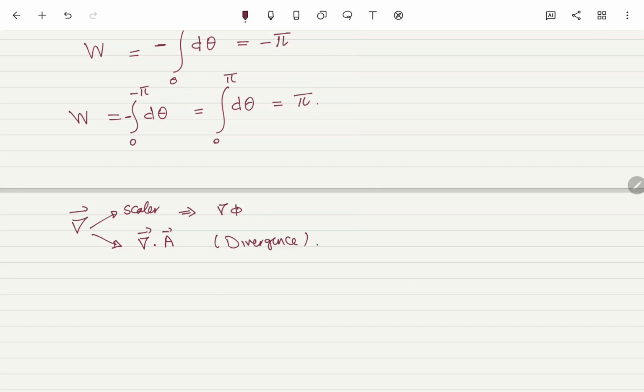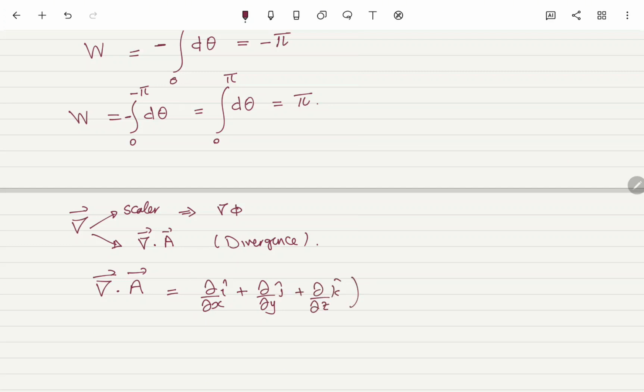The concept of divergence is very important to understand the idea of a source and a sink in physics. And divergence A, remember, this is a vector and this is a vector, and the result is a scalar quantity because it's a dot product. It's equal to ∂/∂x î + ∂/∂y ĵ + ∂/∂z k̂.